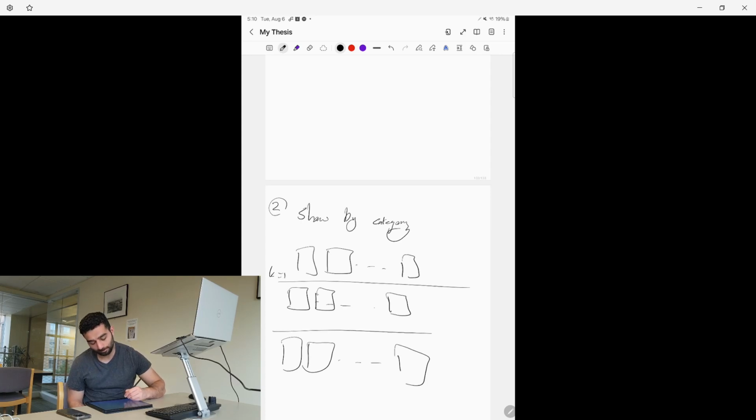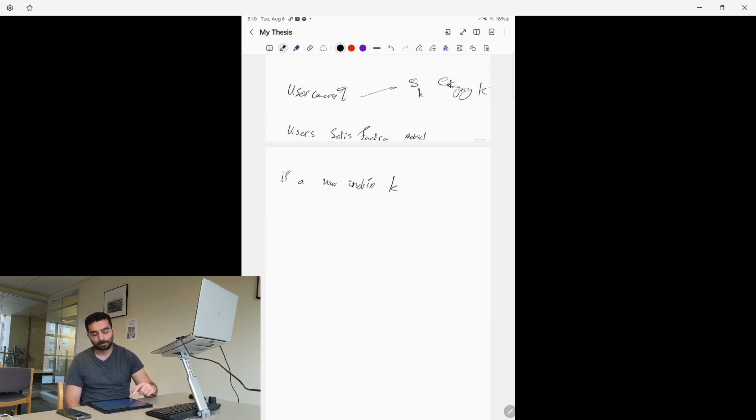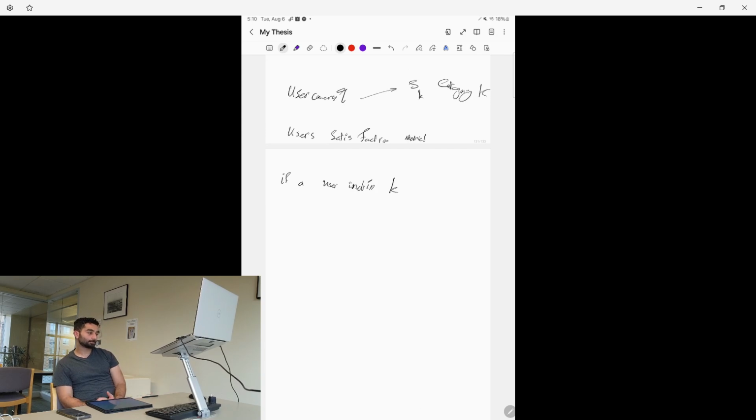Okay, let's assume that every item that the user scrolls past and doesn't click on is a negative value until they find their products.